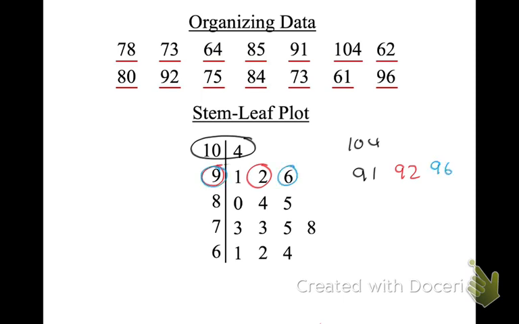So it's a way to put things in order. And then I've got 80, 84, 85, 73, 73, 75, 78. So that's another way that we can organize our data, stem and leaf plot.